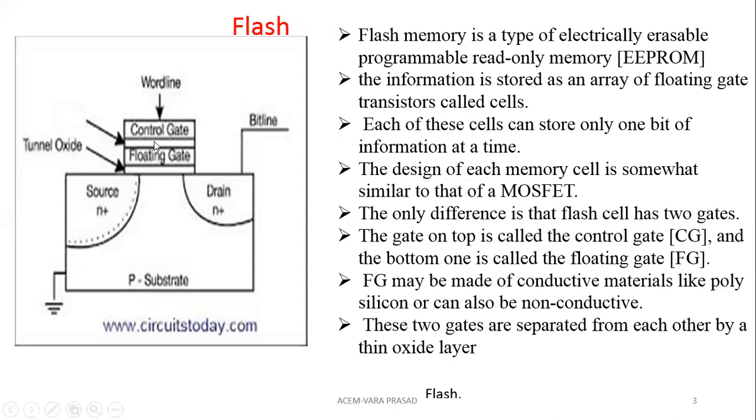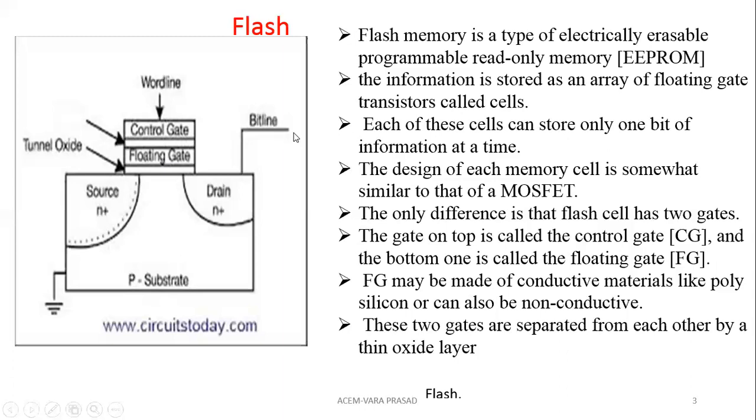But here two gates are available, which you have to identify. These two gates are called the floating gate and the control gate. If the power is off, the data remains in the floating gate.